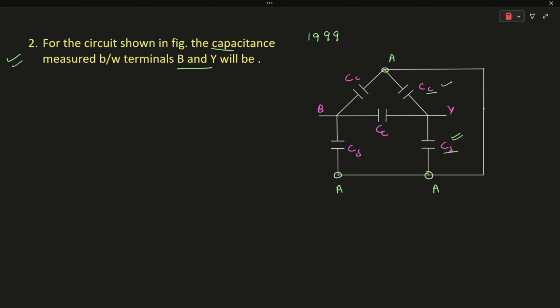It means that their equivalent capacitance C equivalent is equal to the parallel combination of these two capacitors, which is equal to CC plus CS.